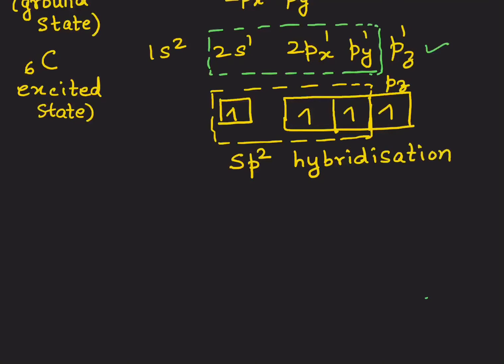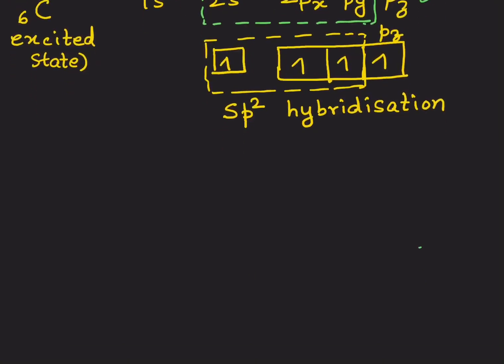Right? Okay. Now sp2 hybridization means what will be the orientation of the hybrid orbitals around the carbon? Perfect. It will be trigonal. Let me make the trigonal like this, and like this and like this.